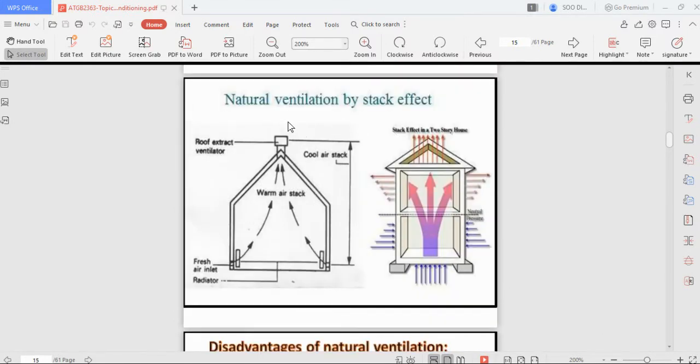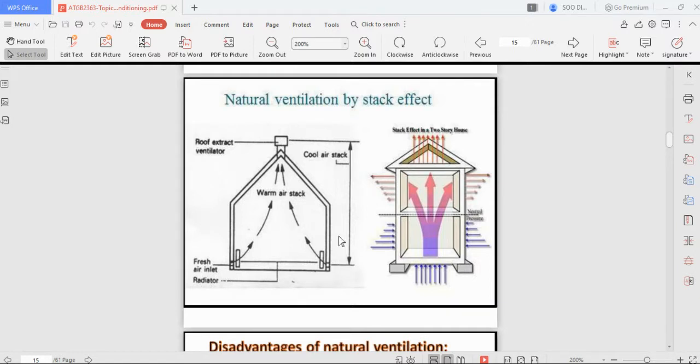So this is ventilation by stack effect. As warm air is created in this room, you know by science that warm air always goes up. So you have a roof extract ventilator, or a chimney, and because air is going up and out of this room, you'll create a low pressure in this room.